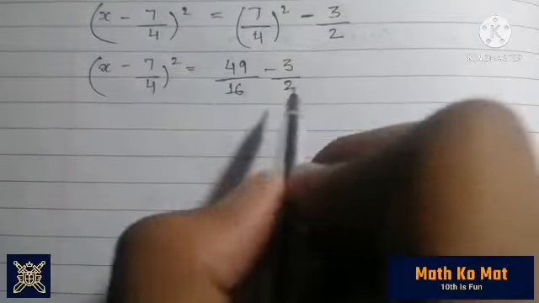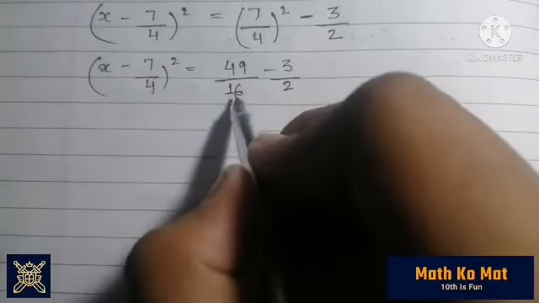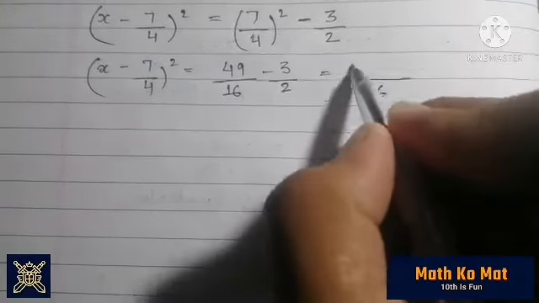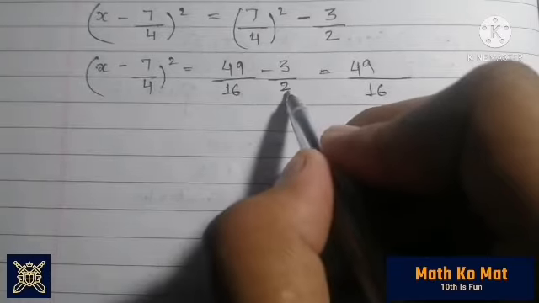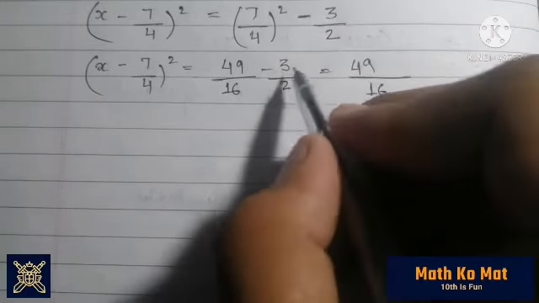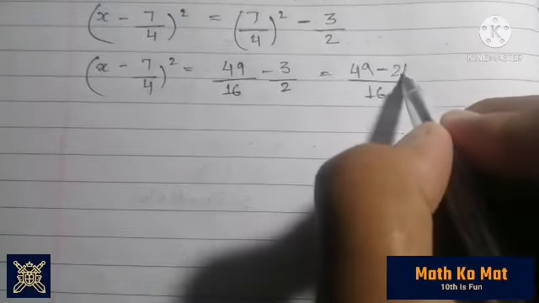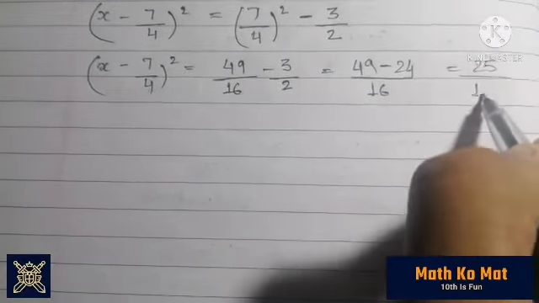Let's simplify it over here only. Just leave this x minus 7 by 4. So 49 by 16. So we will be taking 16 as the LCM. 49 as it is because 16 is already there. Here you have 2, so multiply by 8, 2 8s are 16, so 8 3s are 24, minus 24, and 49 minus 24 is equal to 25 by 16.